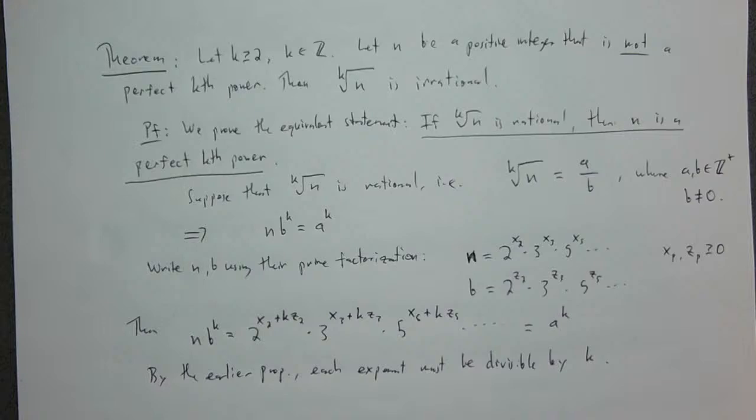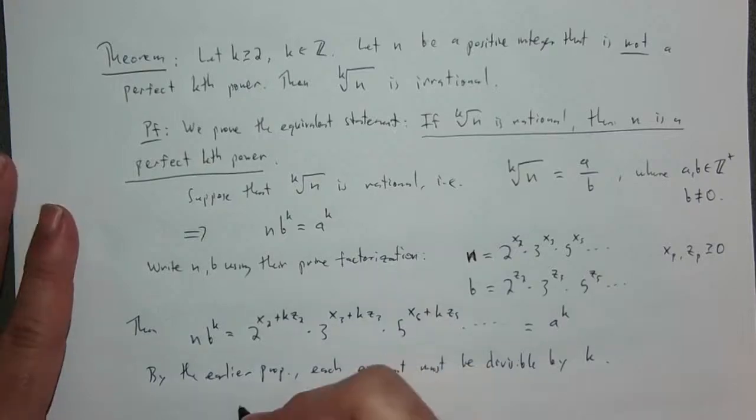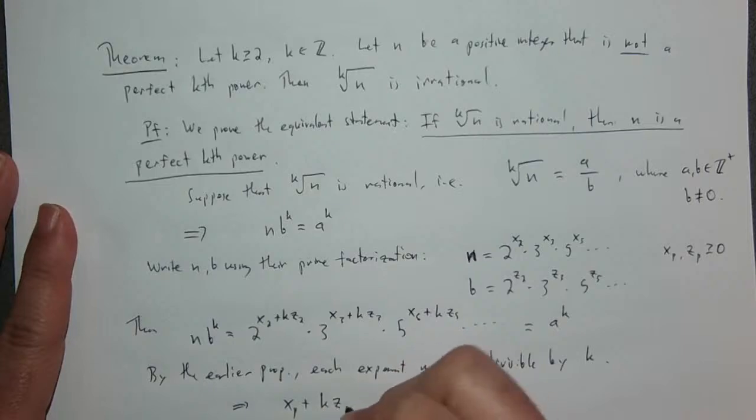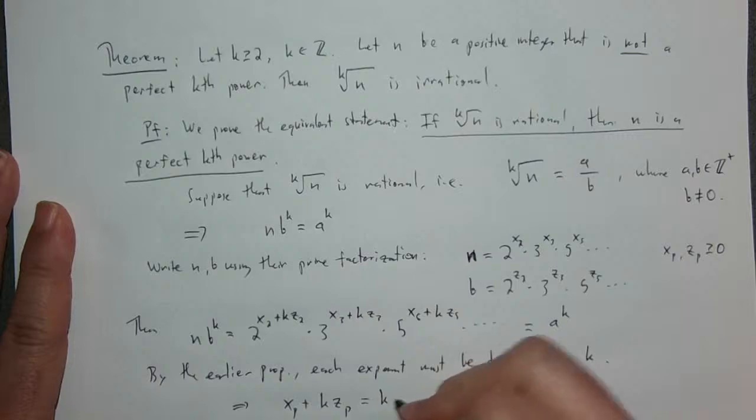Each exponent's a multiple of k, so every exponent here must be divisible by k. So what this means is that x sub p plus k times z sub p must be equal to k times some y sub p for all p.